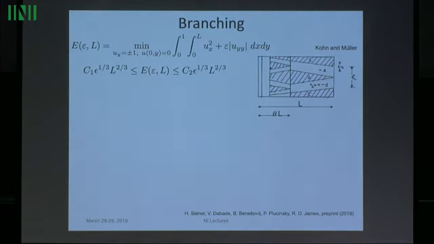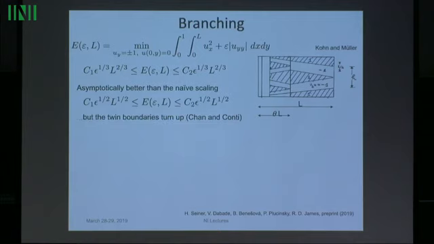Okay, there are simple models. Bob Cohn and Stefan Müller introduced the first one. And they noticed that under certain assumptions, you could get a better scaling of the energy than with the naive construction that I presented with the transition layer.